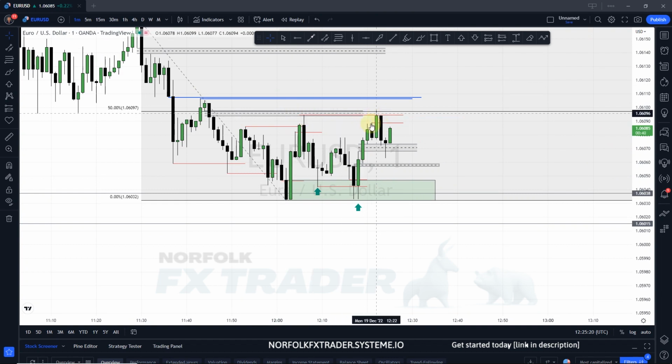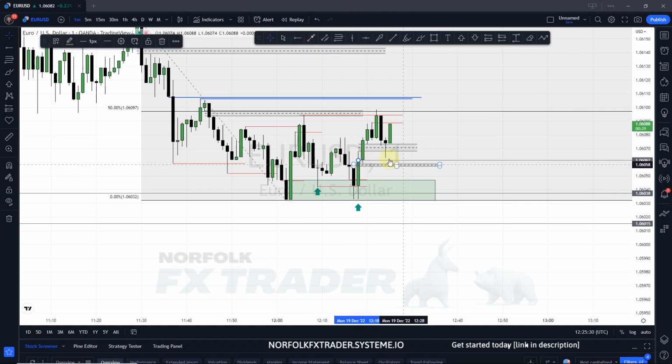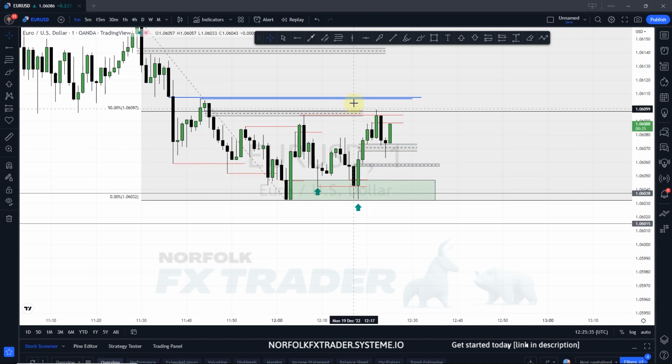I just have to see what happens. This long has worked. Okay, so we didn't get stopped out. You can see that if you took an entry right at the close here, or even took it on a pullback, you would not be stopped out. You'd still be in for this high.